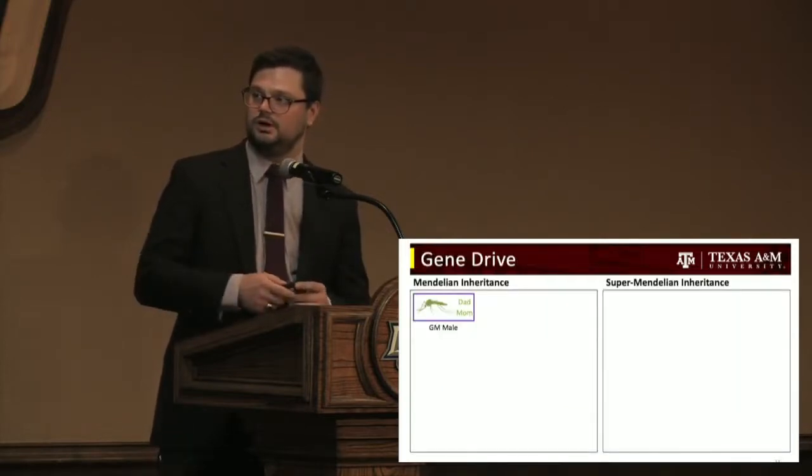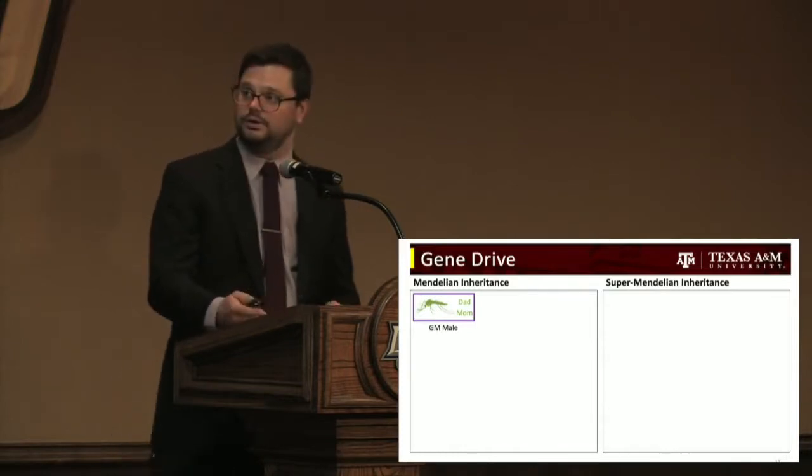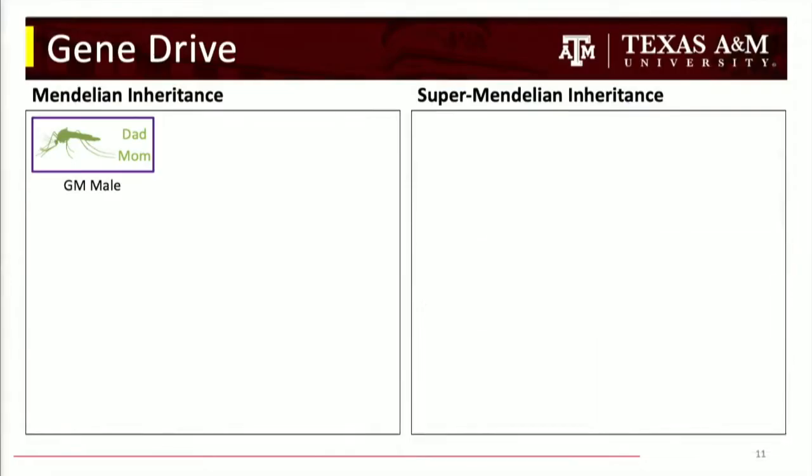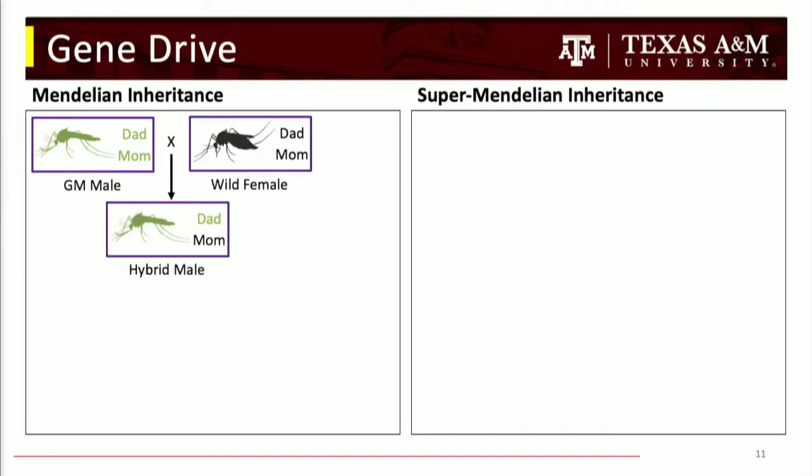And so I'll go through gene drive again really quickly, comparing gene drive to normal Mendelian inheritance. If we release genetically modified males, we'll make sure that they're homozygous for the genetic modification, so both the copy from their mom and their dad will have it. When they mate with the wild type females, then you'll get these hybrid mosquitoes. I have just males here, but obviously there would be male and female, I'm just simplifying the figure.